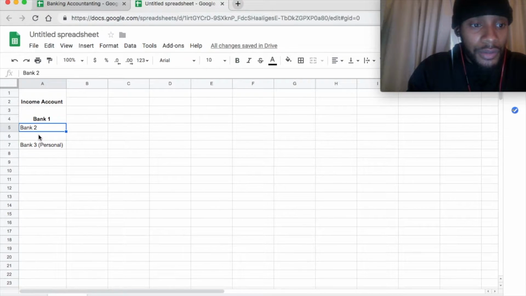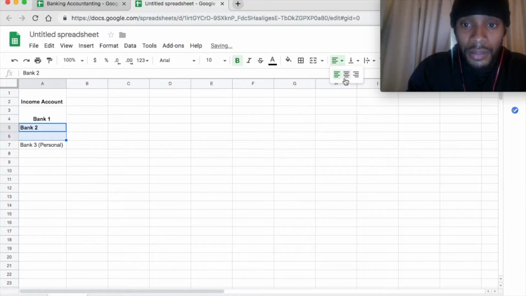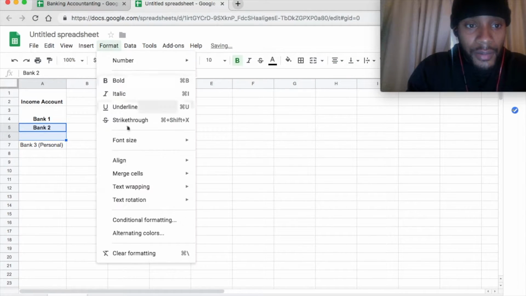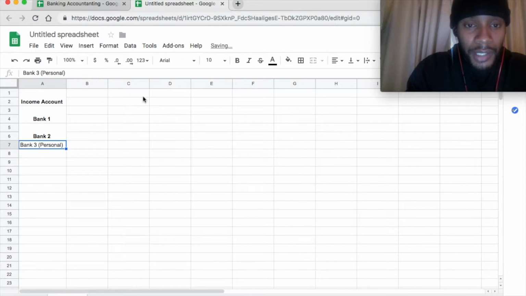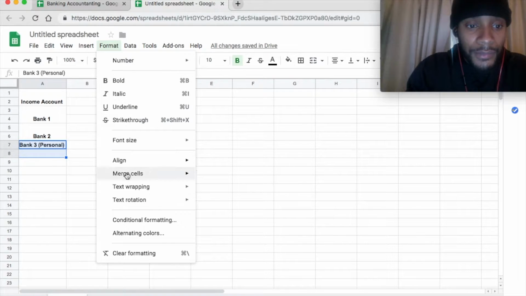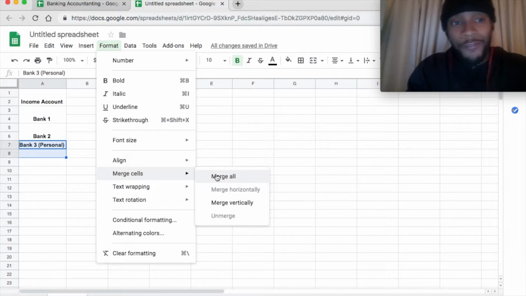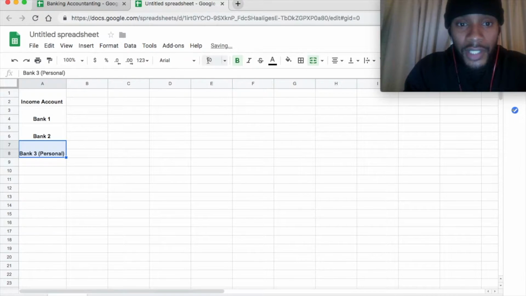Bank 2, bold, center, merge. Bank 3, bold, center, merge. And again, format, you go into format and click merge all with the two cells that you highlighted.